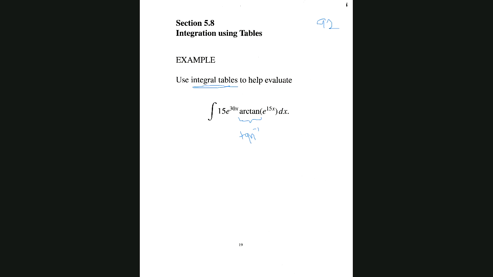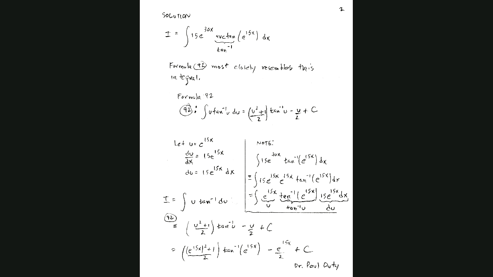Well, what did we do in the last problem to help us? We needed to make a substitution. That's right, Snega. That's right, Tina. So we're going to do that here.